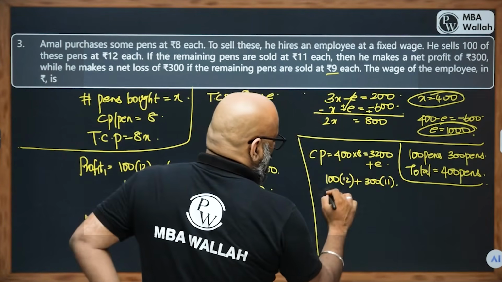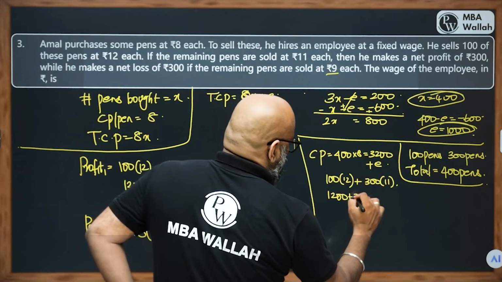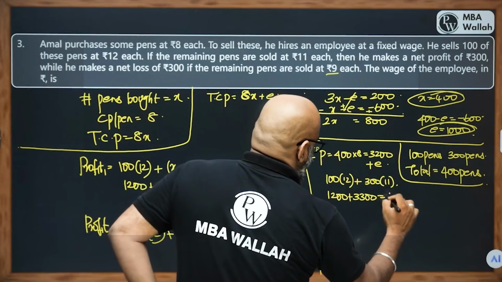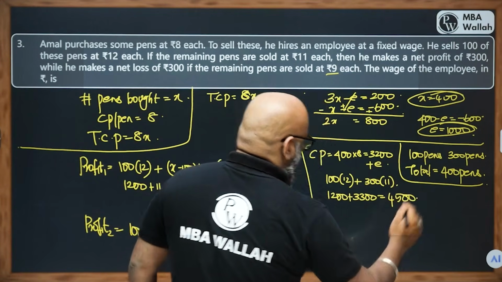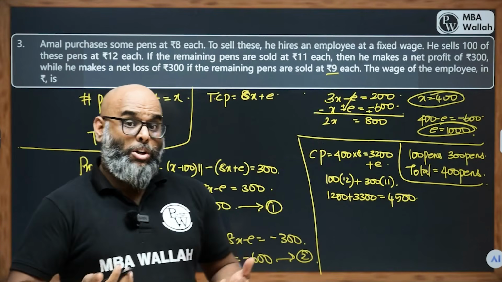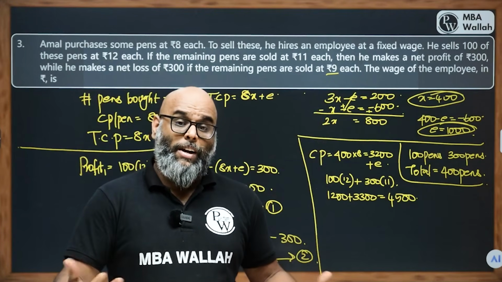So this will give me 1200 plus 3300, it's 4500 rupees. That's my total selling price, total revenue.